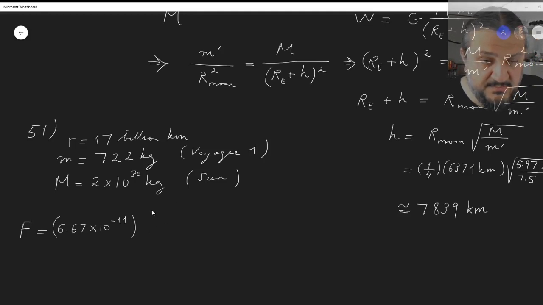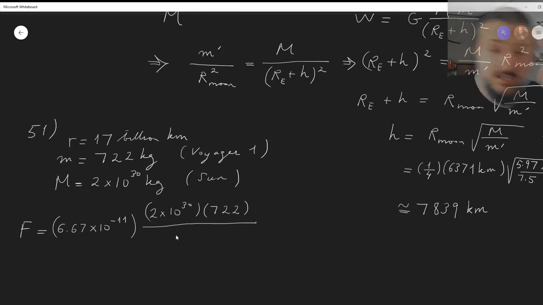So the masses will be multiplied: 2 times 10 to the 30th times 722, divided by the square of 17 billion kilometers. Now you've got to be careful here. If you want to find the force in newtons, everything has to be in kilograms, meters, and seconds. We don't need seconds here, but we have to convert R to meters.